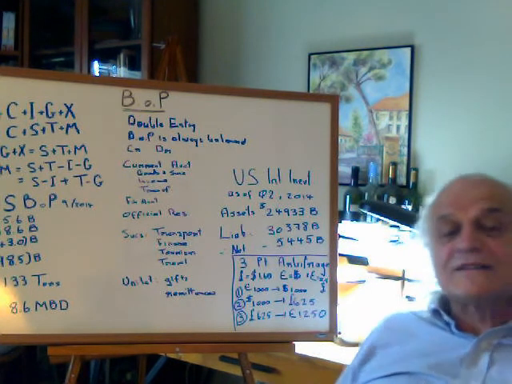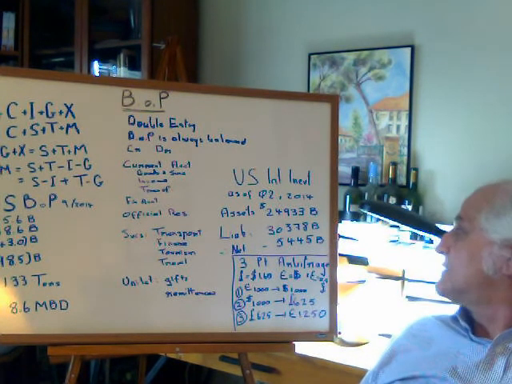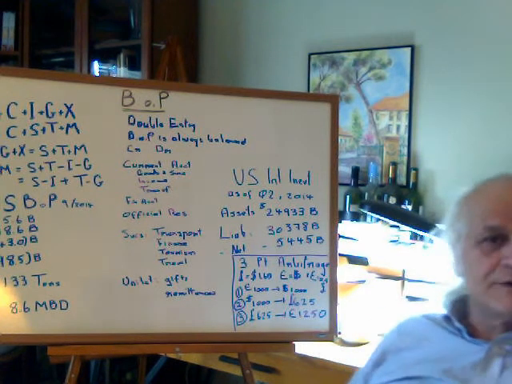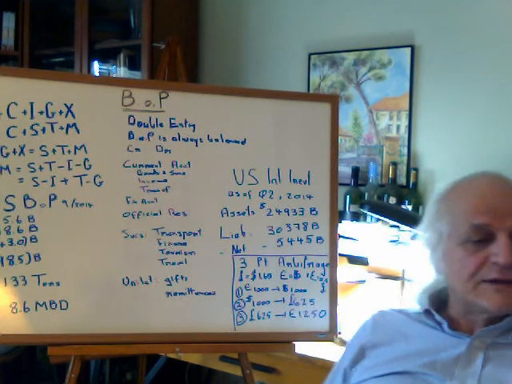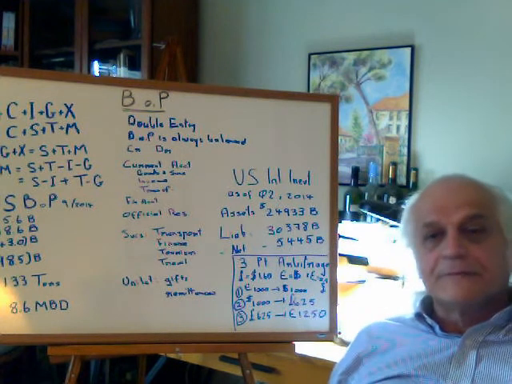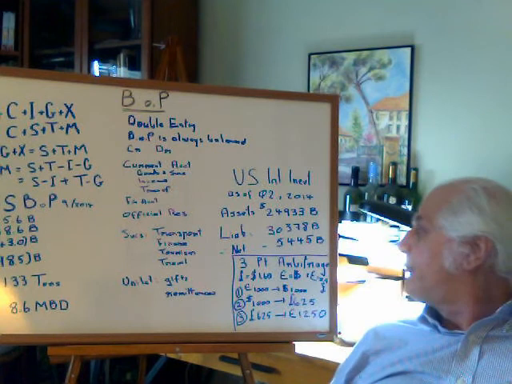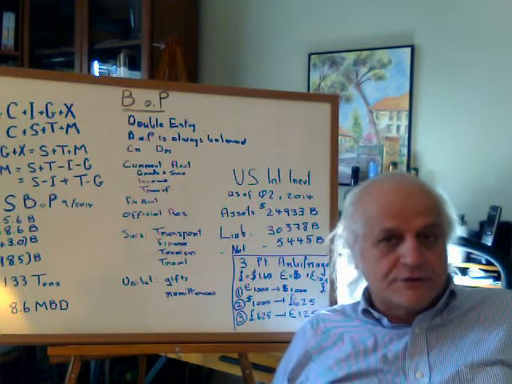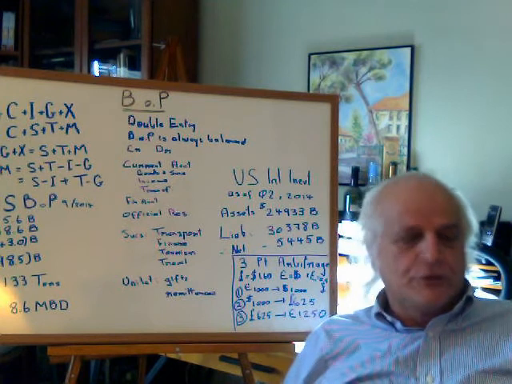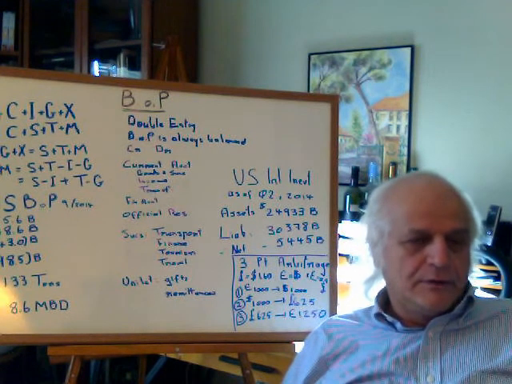But the rest of the world owns of the United States around $30 trillion. And so if all of these things are netted, we'll find out that the United States will owe the rest of the world $5 trillion, which means that we are a debtor nation. We are in debt to the rest of the world.